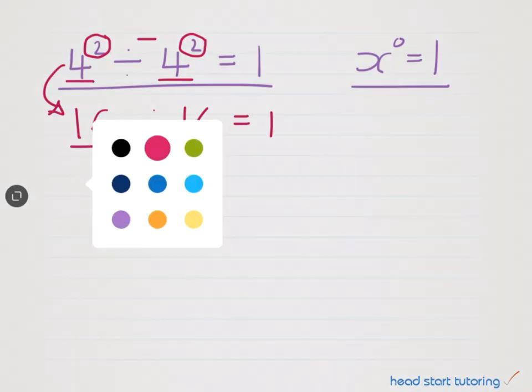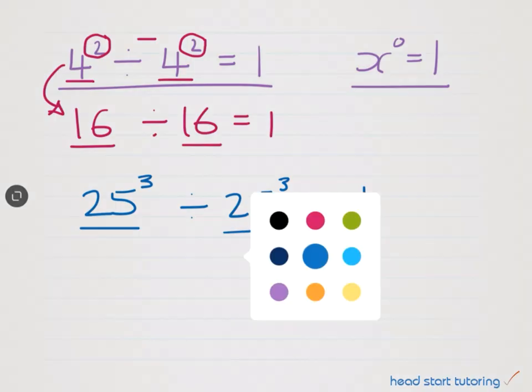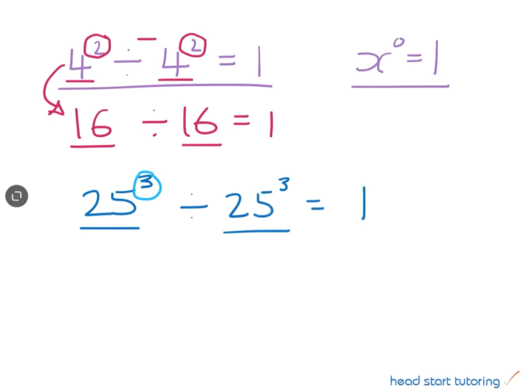If we have another look at an example of 25 to the power of 3 divided by 25 to the power of 3, that will also give us an answer of 1, because even though we don't need to work out what 25 to the power of 3 is, because our bases are the same, we are able to minus our powers.